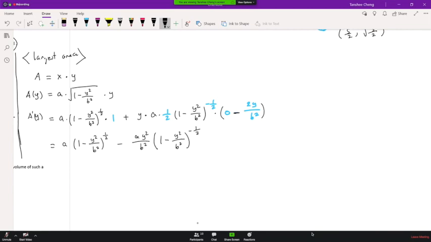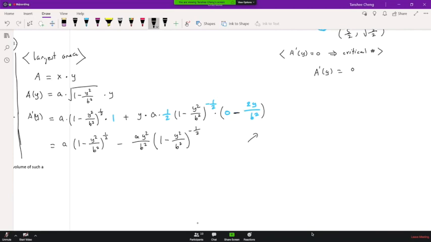So now what we need to do next is find the critical value. Looking at A prime of y equal to 0 will give us the critical number. When A prime is equal to 0, that is basically talking about this portion equal to 0.